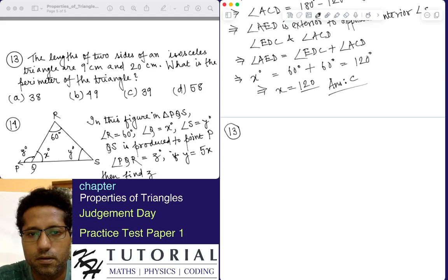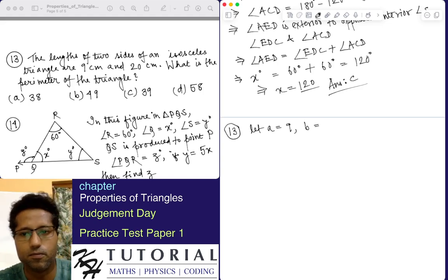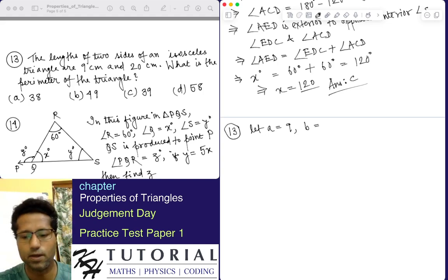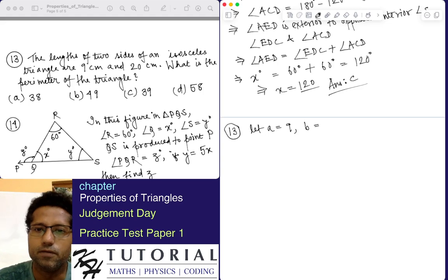So let A be 9, B be 20. The length of the side opposite to angle A, we denote it by small a. Let that be equal to 9, and the length of the side opposite to angle B in a triangle ABC, we denote it by small b.